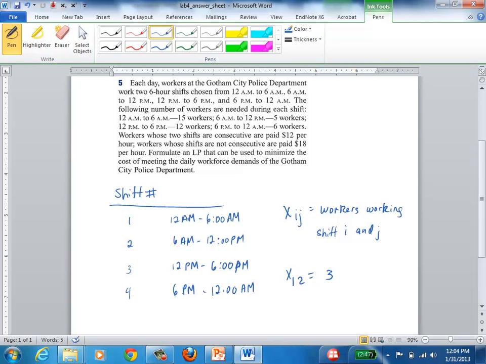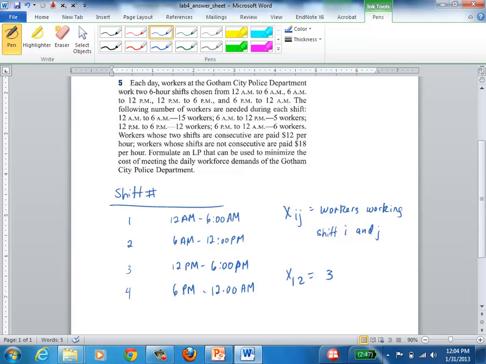So you know that if they work 2 shifts consecutively, then you pay them 12 hours. So 2 consecutive shifts would be 12 hours, so 12 times 12 is 144. That could be part of your objective function. You can take that cost and multiply those x that represent the shifts that are in a row.